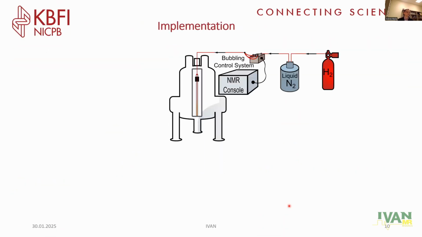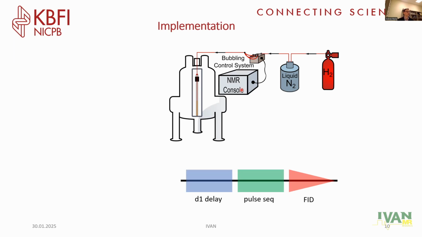And the way it works is that the NMR sample stays put in the magnet all the time. There will be a capillary for hydrogen bubbling in the sample. There is a home-built bubbling control system that, under pulse program control, controls the bubbling. So effectively what we do is that we replace the relaxation delay in a pulse sequence with para-hydrogen bubbling.